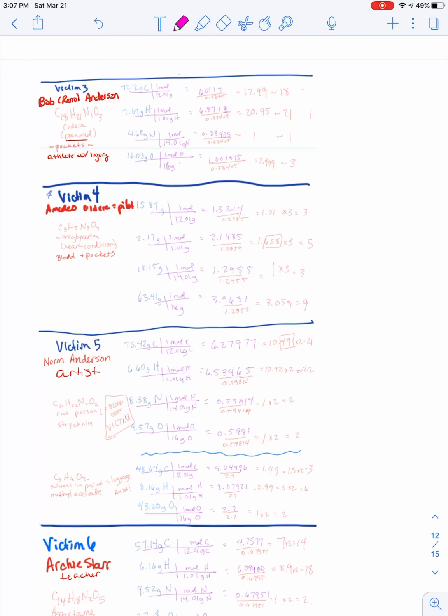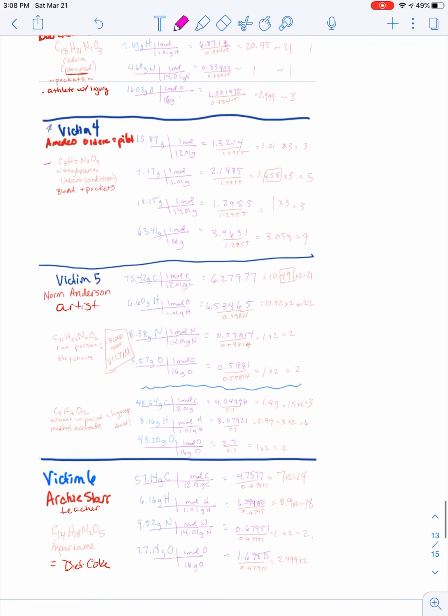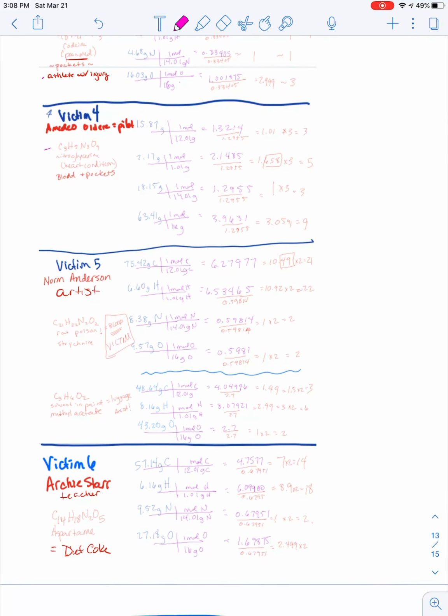This is Bob. If you go up and you put that formula in for Bob, we get codeine, which is a pain med. So he's going to be that athlete, the one with the injury. That's him. Victim 4 is the pilot. When you find his is nitroglycerin, which is for heart condition. It was in his blood in his pockets. Totally makes sense for it to be the pilot.